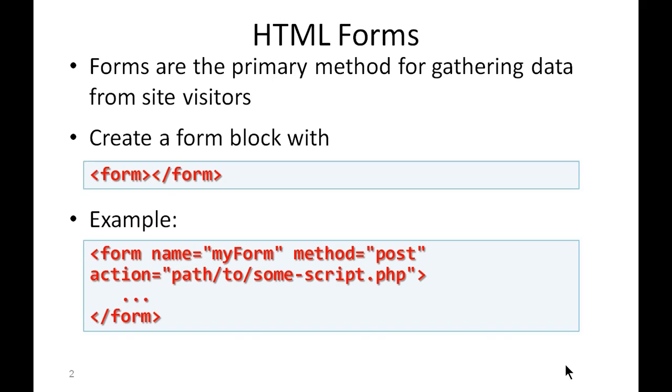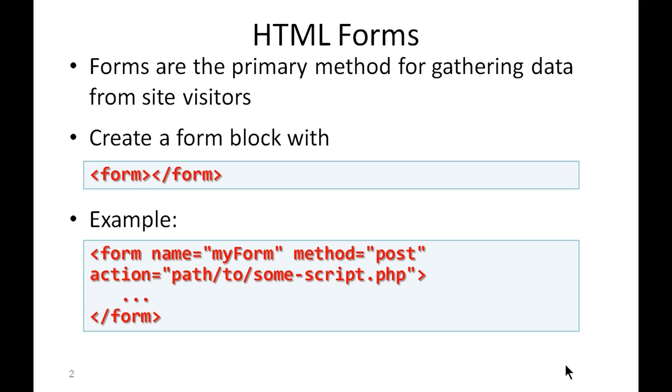So what will happen? The form name is myform. Then method is post, and the action is path to some script dot php. So this myform will be posted to the action which is given here. Action is nothing but the path where that form will be submitted. Path slash to slash some are nothing but the various folders. There will be various folder names.